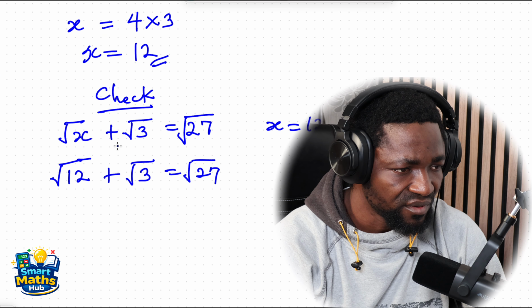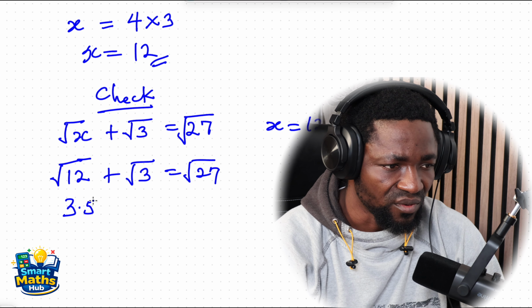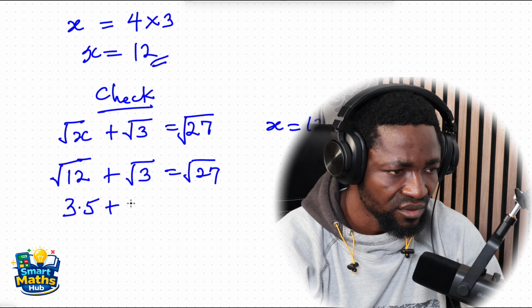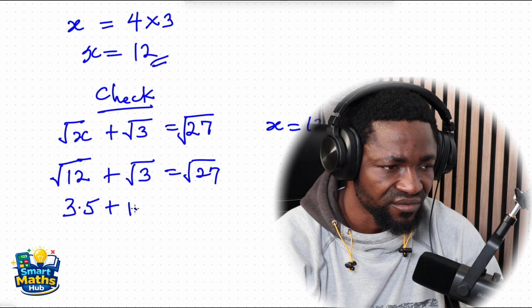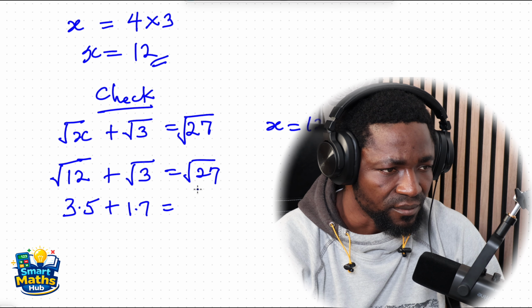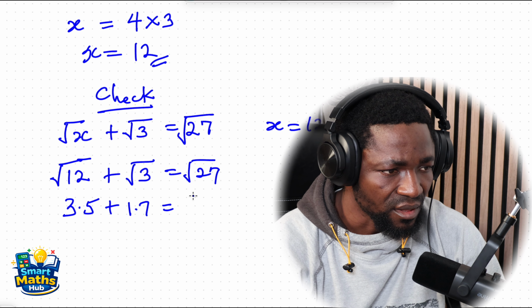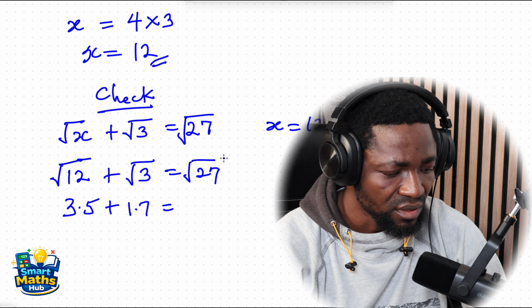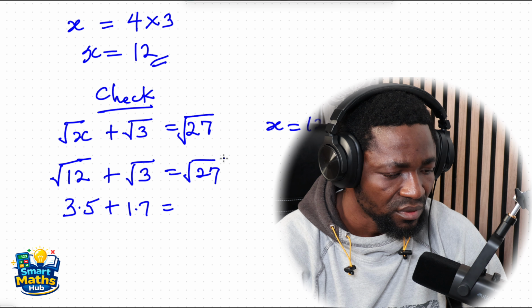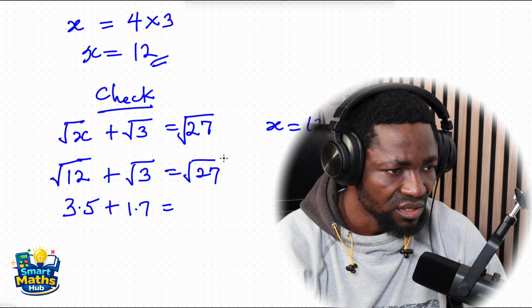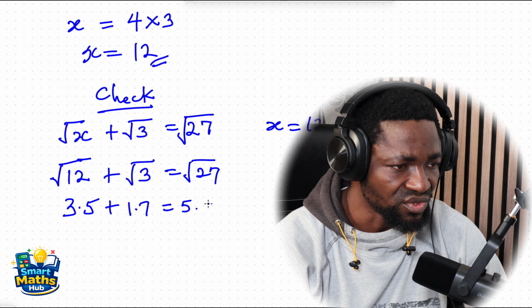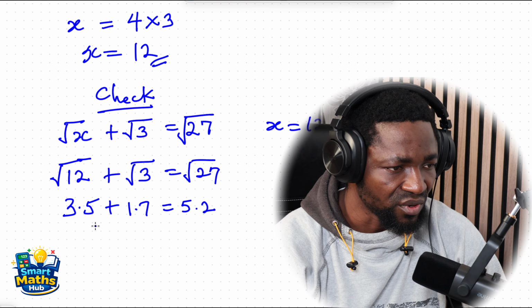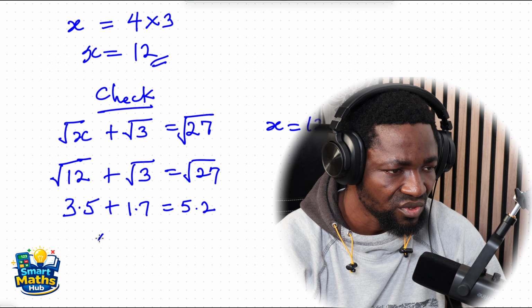You have 3.5 plus square root of 3, which is 1.7, equals square root of 27, which should be 5.2. So let's add it together. If you add 3.5 plus 1.7, what do you have? We have 5.2 equals 5.2.